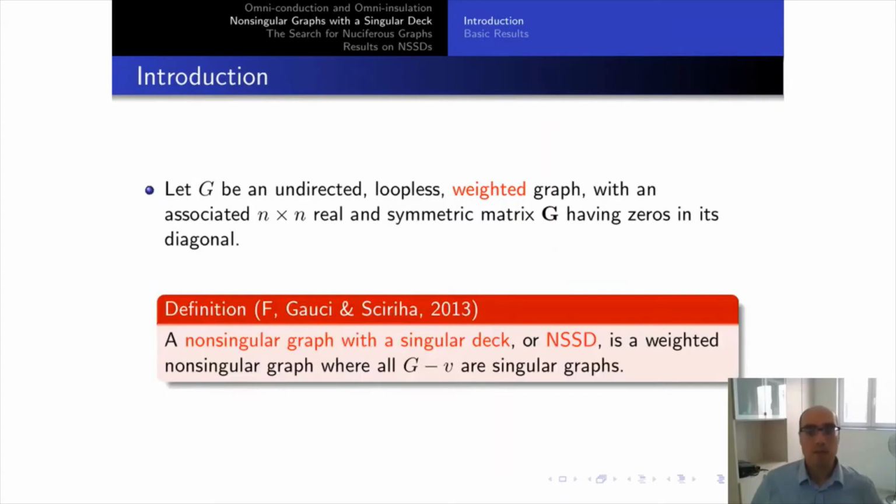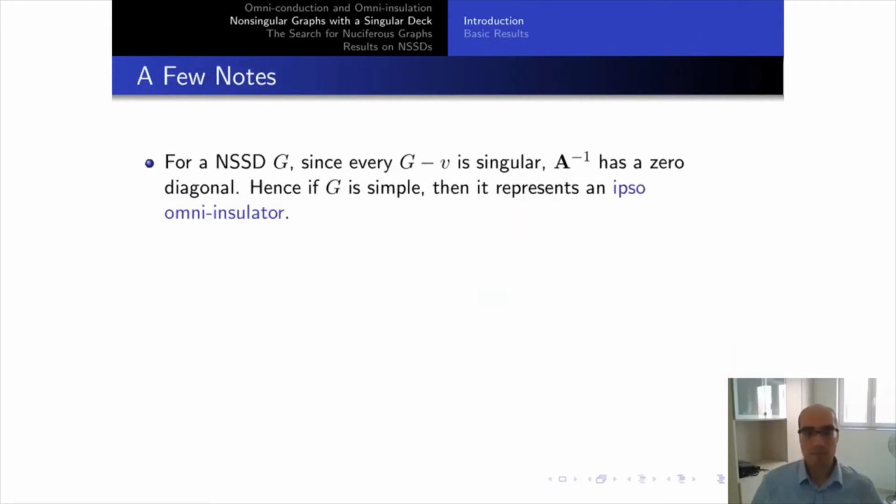And we define an SSD, or a non-singular graph with a singular deck, as being a weighted non-singular graph having singular vertex-deleted subgraphs. Now, this idea is similar to what we talked about earlier when we mentioned the bipartite graphs, and in fact, SSDs can be bipartite, as we shall see soon. Before we continue, a few notes.